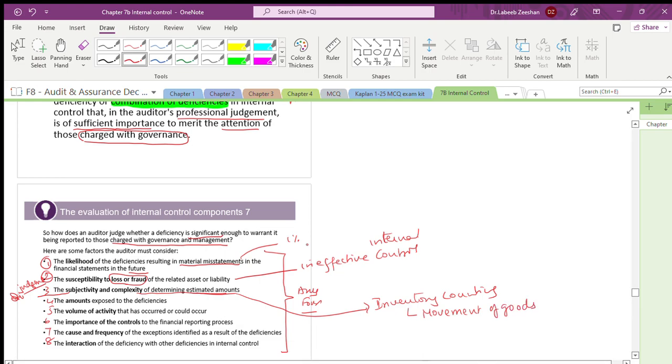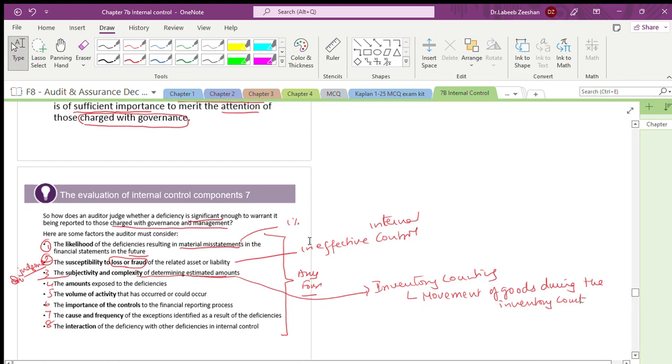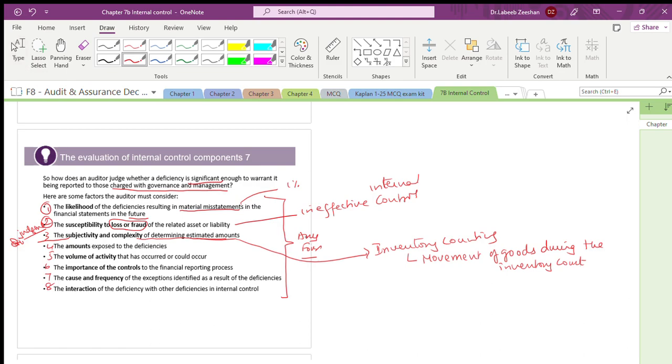Movement of goods during inventory count; you have to be very careful.